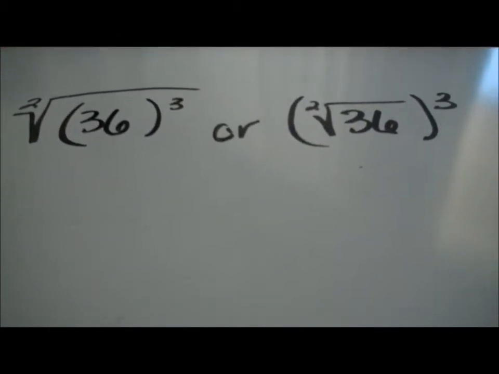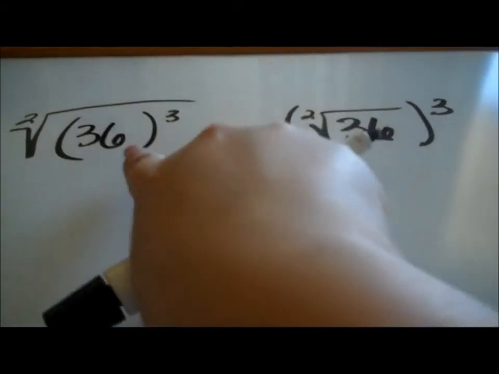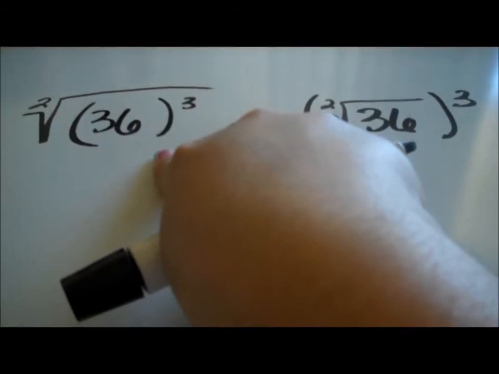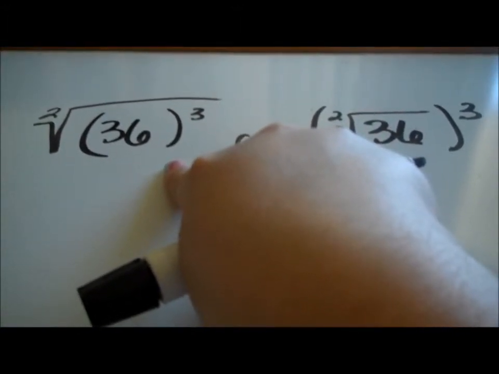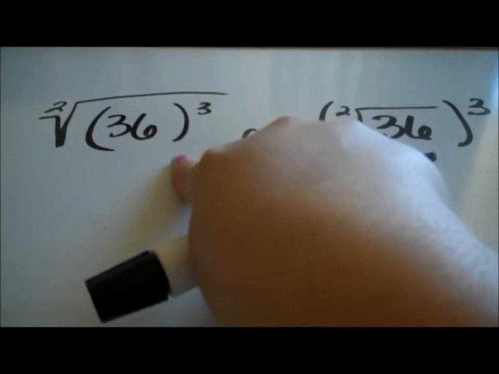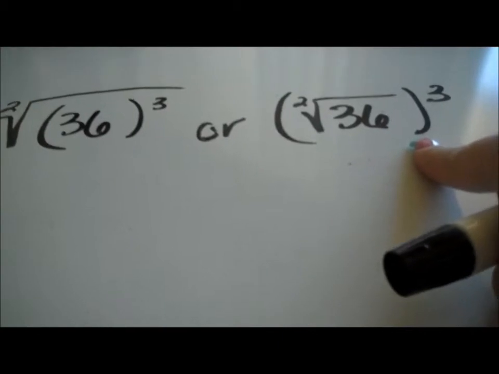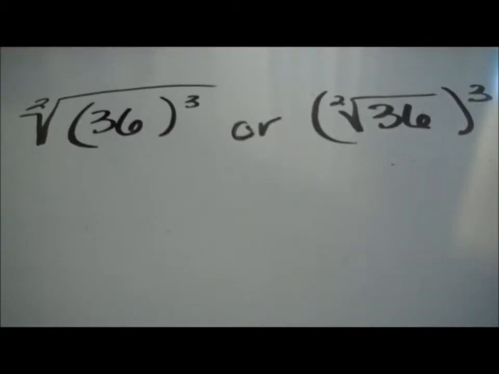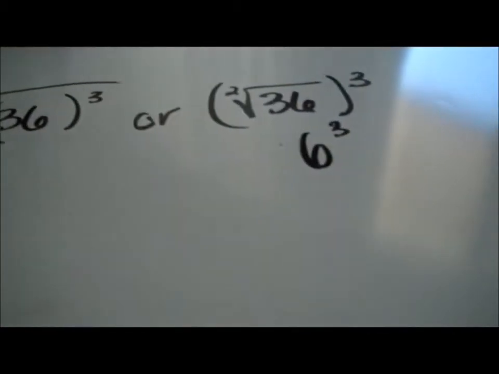Both are correct, but if we look at this, one is a little bit easier than the other because I really don't want to take 36 to the 3rd power. Yes, we do have a calculator that would do that for us, but for sake of not using a calculator, this one right here would probably be a little bit easier because 36 is a perfect square. The square root of 36 is 6, and then I would have to raise that to the 3rd power.